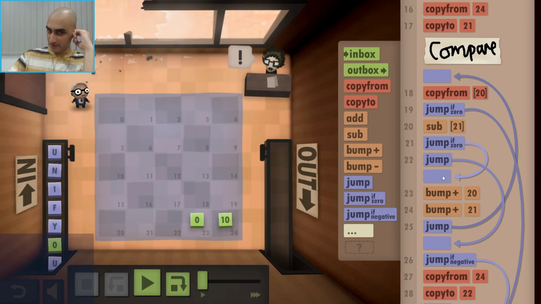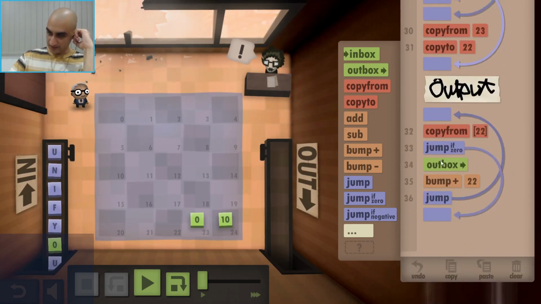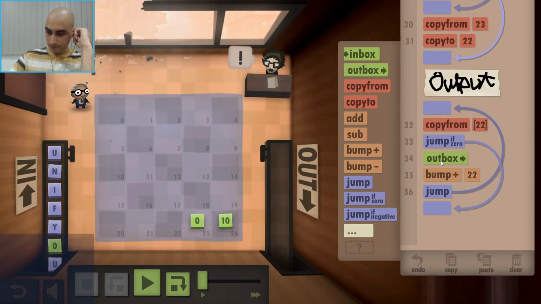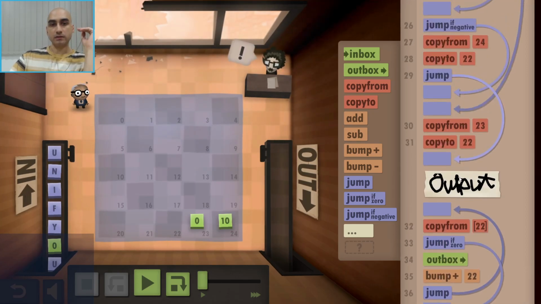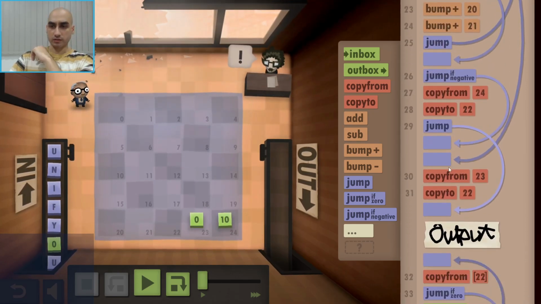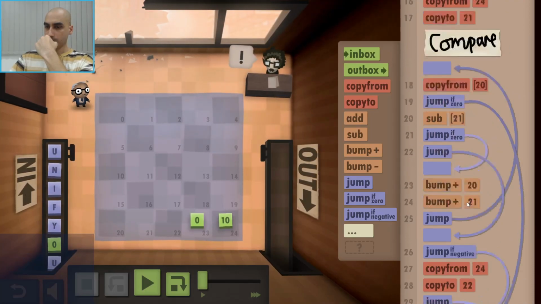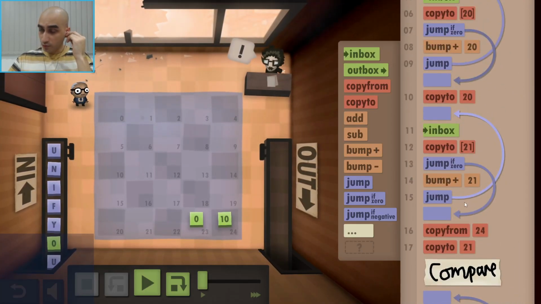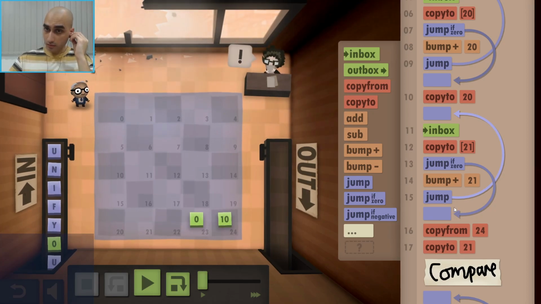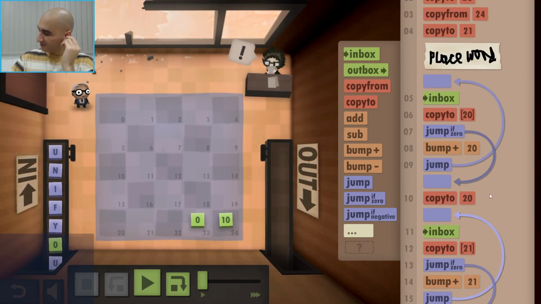Alright, so what would happen if we have different lengths? If we get a 0 in the first one, that means that one's shorter. So... wait, what?